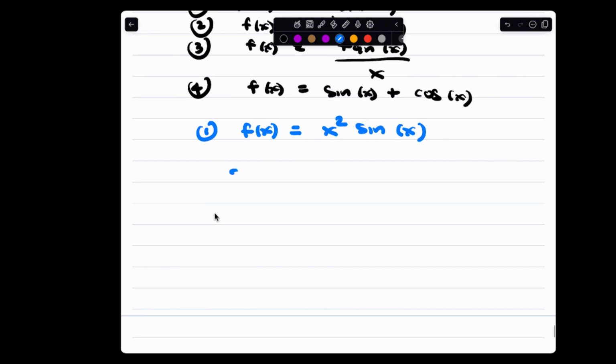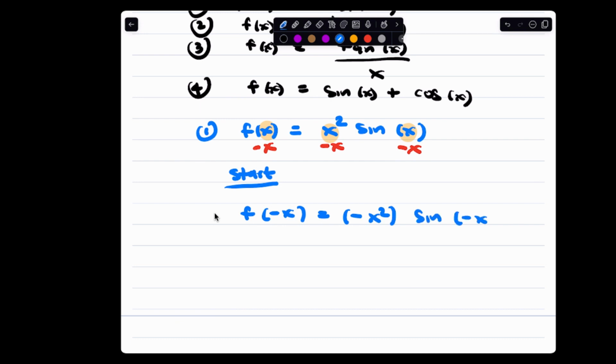What you always do as a starting point is to replace what? Wherever there's an x, what do you replace it with? A negative x. Good job. So you replace that x with a negative x. So what you'll see is f of negative x, right, is what? Negative x squared.